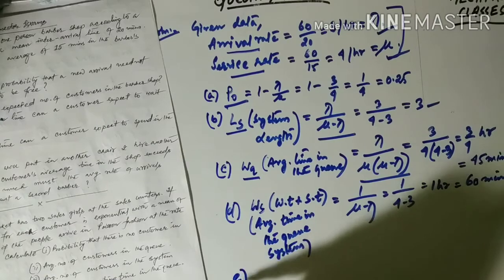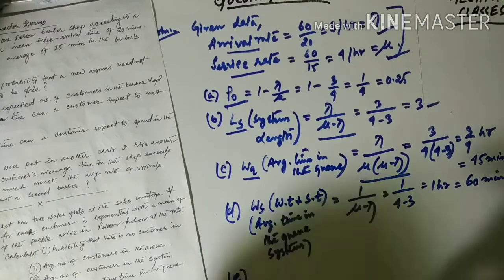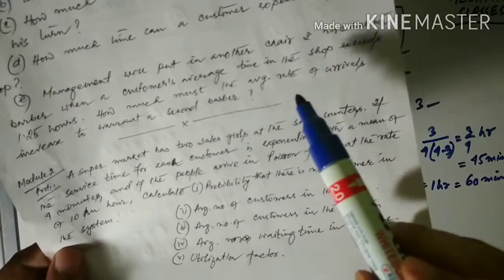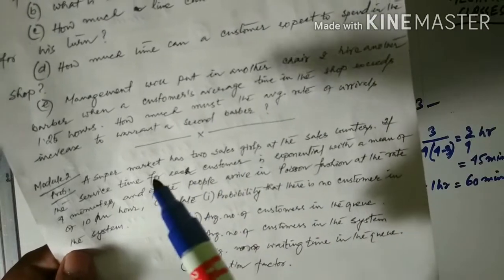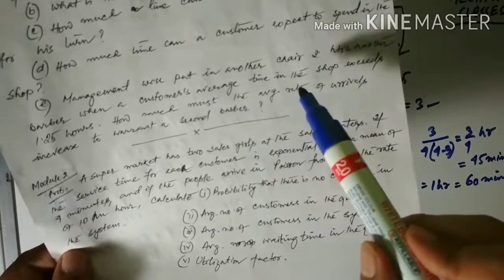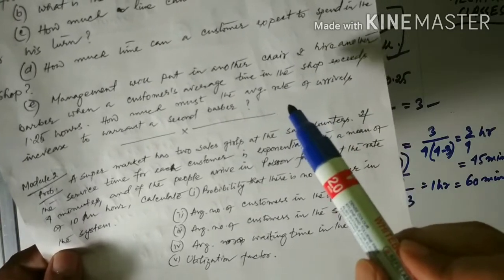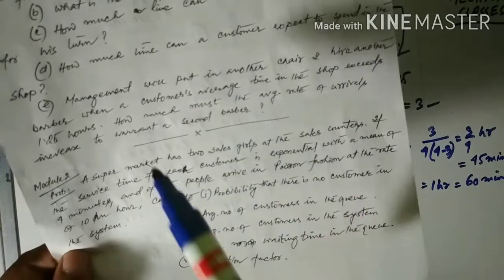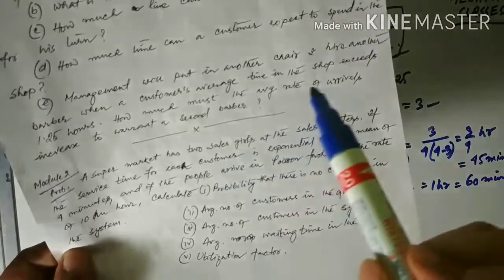Now we have come to the last part. It says management will put in another chair and hire another barber when a customer's average time in the shop exceeds 1.25 hours. Average time of customers means Wq only, not the total time. You have to understand the language, what they are asking.